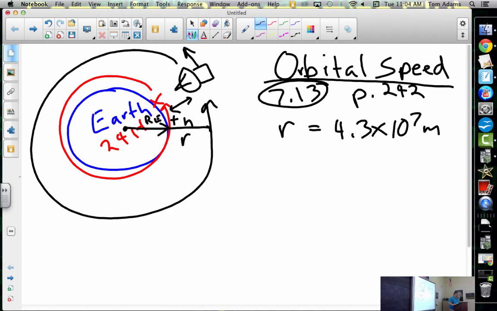So there's a relationship between the tangential velocity and the radius of the circular path. Well, we know what r is.